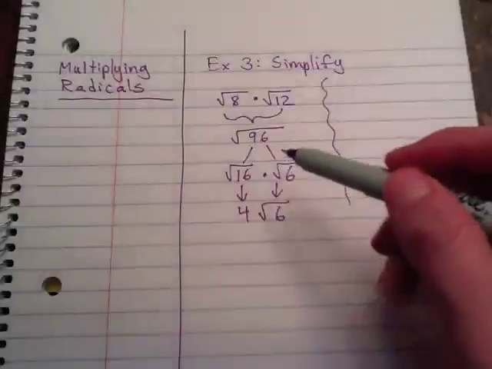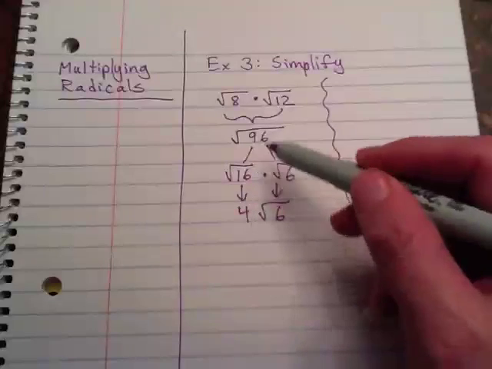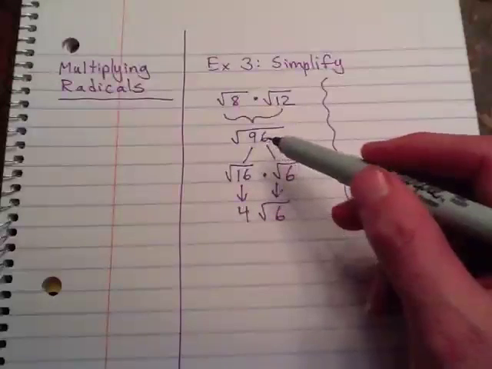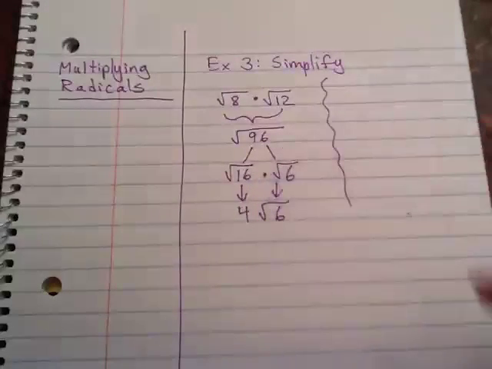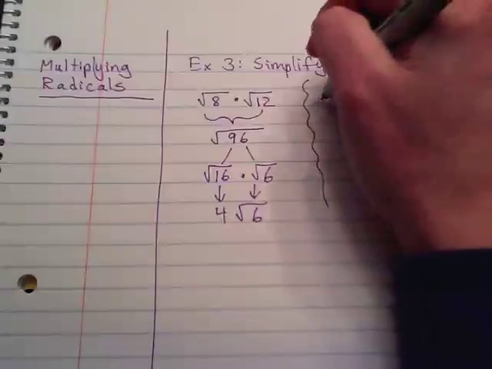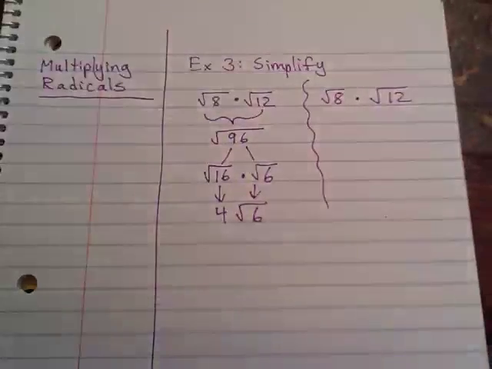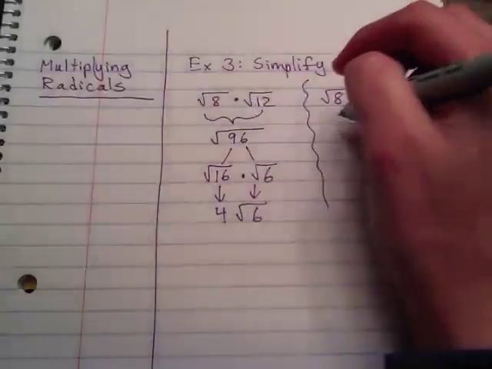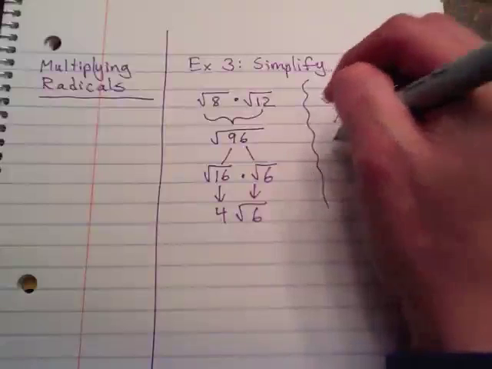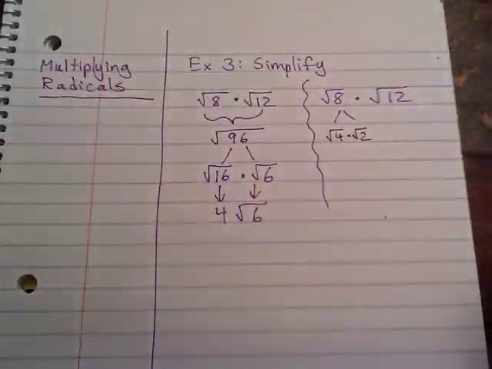So sometimes this is difficult because in this case it was hard to figure out 16 was the largest perfect square factor. So the other way that you can do this to make it a little easier is break each of these down individually. So I have the square root of 8 times the square root of 12. And I'm just going to break down 8. So perfect square factor that goes into 8 is 4. 4 times 2.